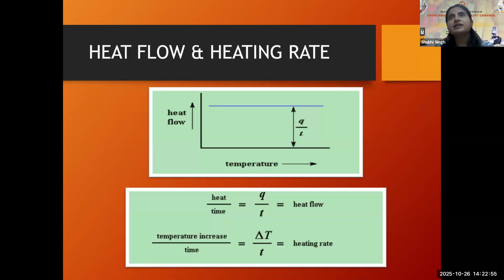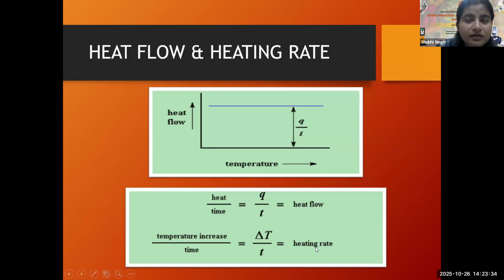In DSC, we increase the temperature with respect to time, for example 5 degrees Celsius per minute or 10 degrees Celsius per minute. So this is known as heat flow, and the temperature increase, delta T upon time, is known as the heating rate.